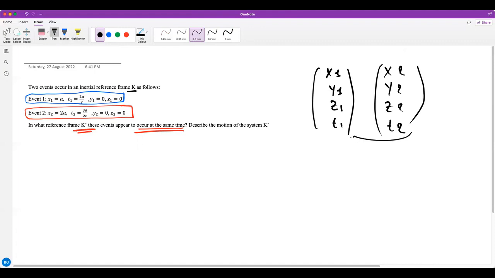So both of them are measured in a reference frame K.